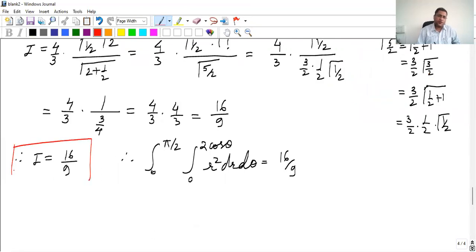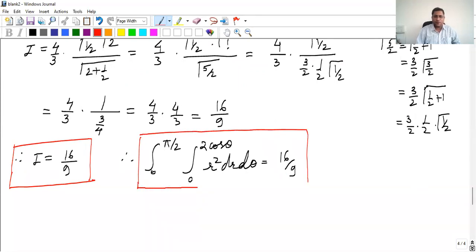So here we get the value of the integral in polar coordinates.